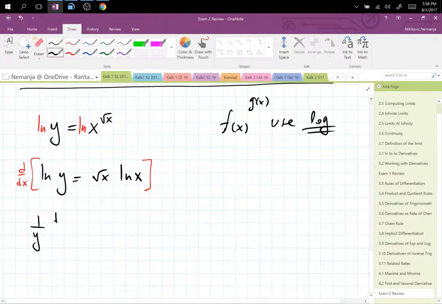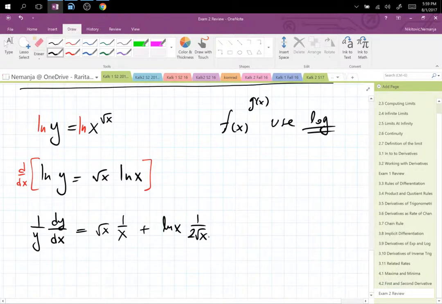So 1 over y dy dx, I took the derivative of ln y with respect to x, so I have to follow by the chain. On the other side is a product rule, so copy the first, derivative of the second, plus copy the second times derivative of the first.